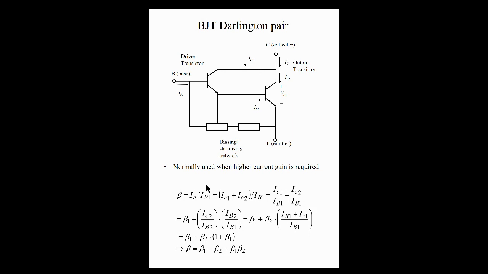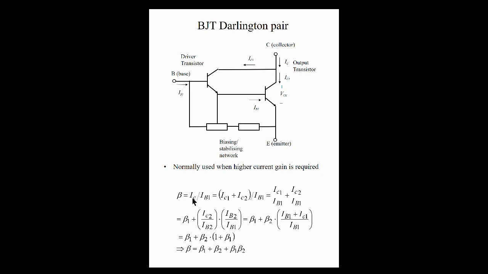However, if we look at what constitutes the collector current, you'll see here it is going to be IC1 as well as IC2. Look right here, IC splits into IC1 and IC2. So in the proof, I can just expand this idea here.